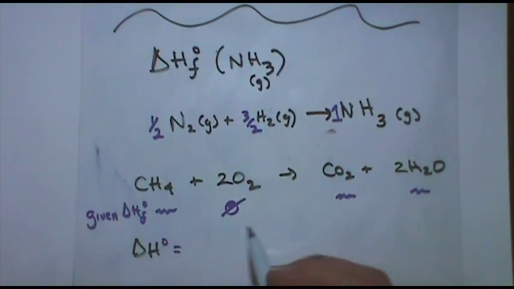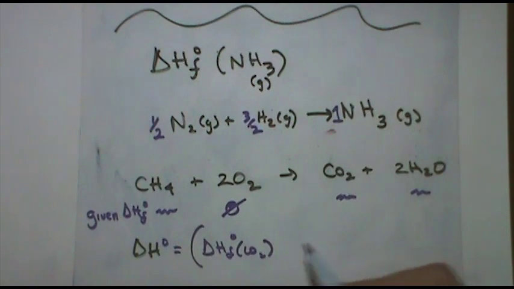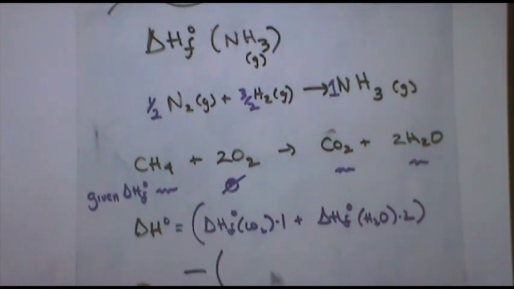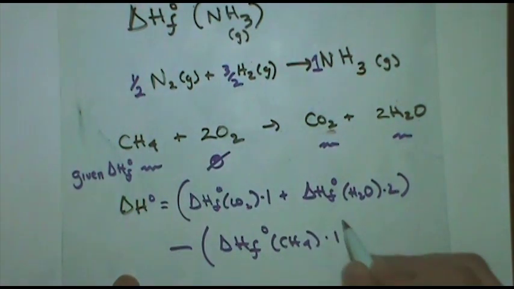So the delta H would be, with big parentheses here, the delta H of formation of CO2 times, there's 1 of them, plus delta H of formation of H2O, and there's 2 of those. Big minus, open parentheses, delta H of formation of CH4, and there's 1 of those.